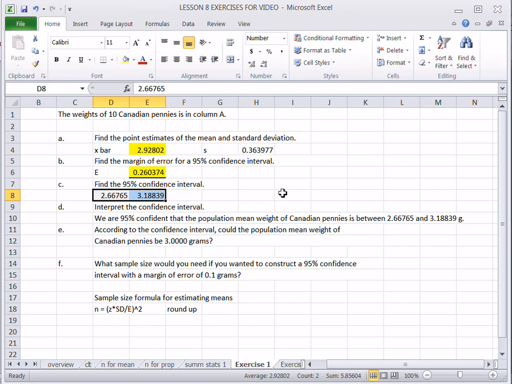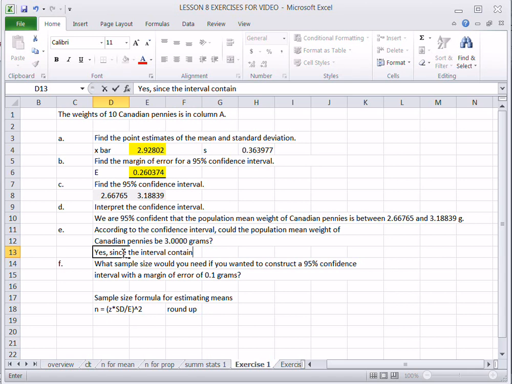Is 3 in between 2.66765 and 3.18839, and we see yes, indeed it is. So the answer is yes, since the interval contains 3 grams. All right, so since the interval contains 3 grams, it's quite possible then that the actual population mean weight of pennies is indeed 3 grams.